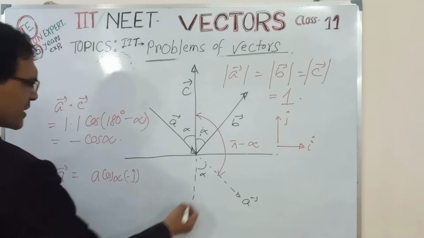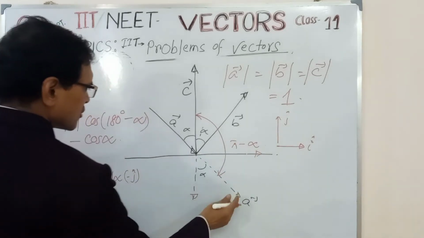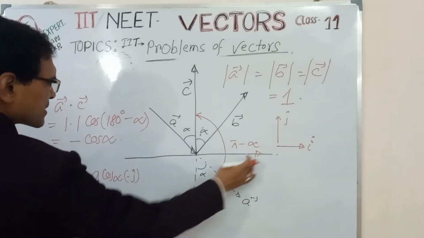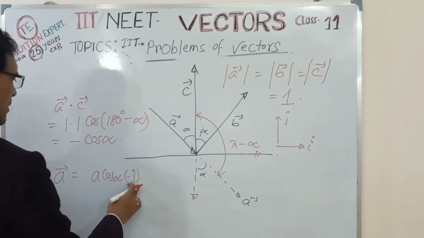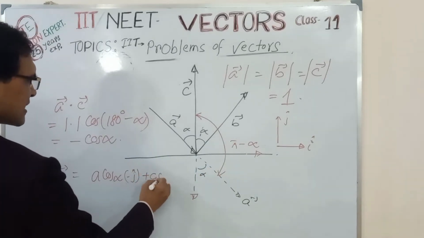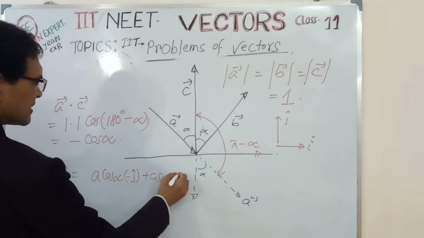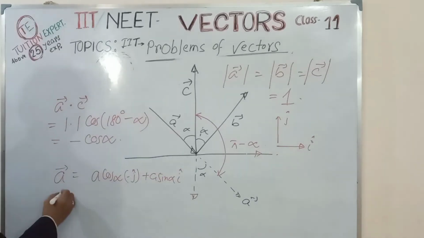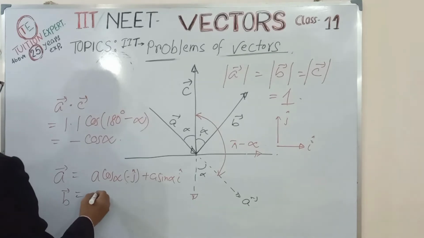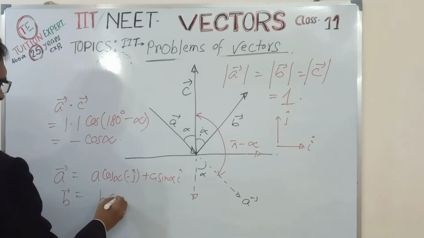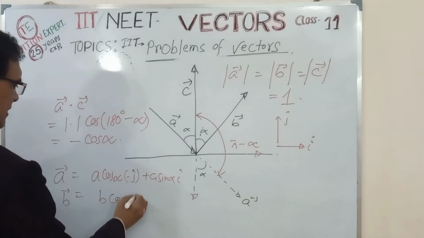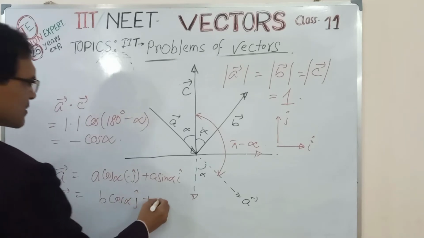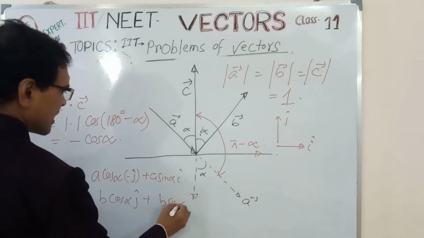The component parts are this and this, so A becomes A cos alpha into minus J plus A sin alpha I. And the vector B becomes B cos alpha J plus B sin alpha I.